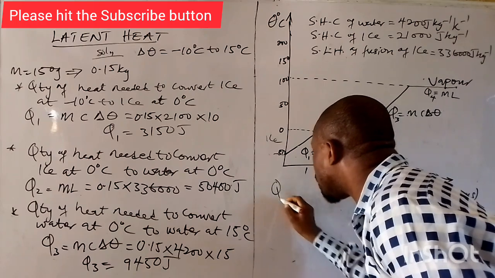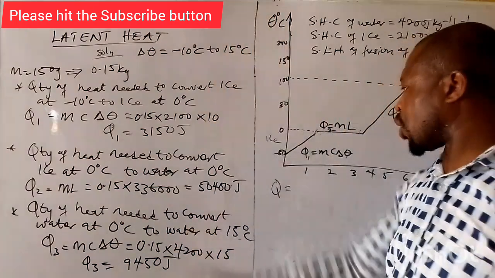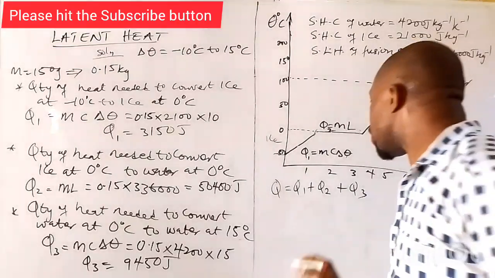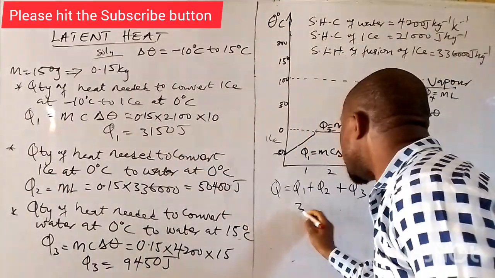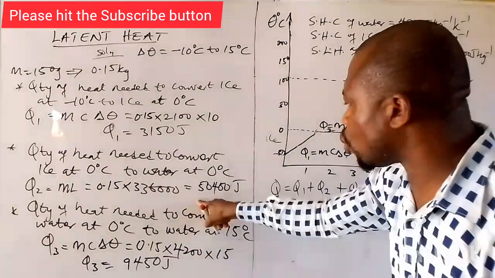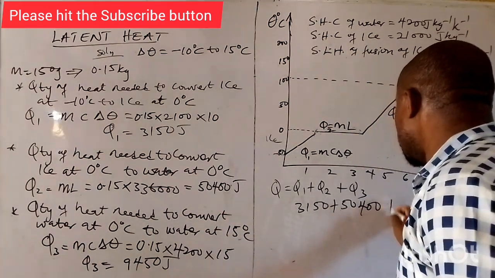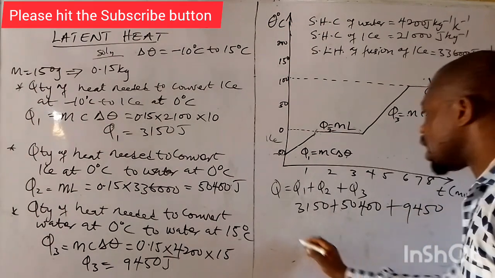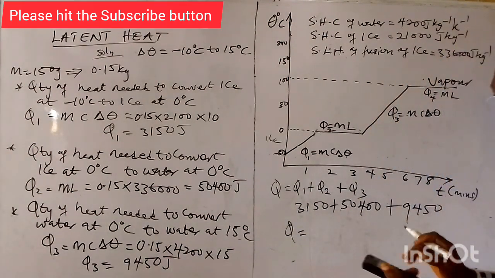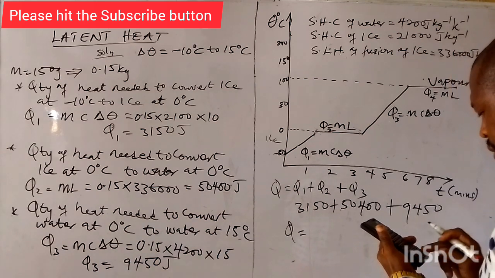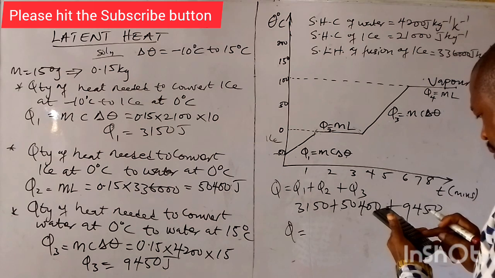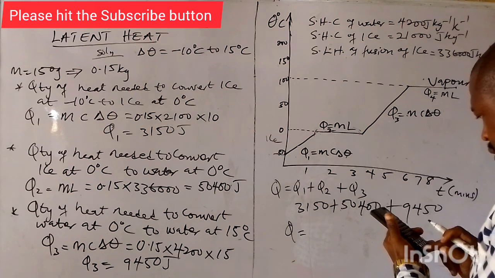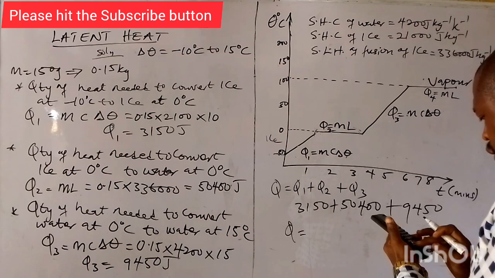Now, having gotten the heat at each level, we are going to sum up the heat. Therefore, we can say that the quantity of heat Q required in the process is Q equals Q1 plus Q2 plus Q3, which is 3,150 plus 50,400 plus 9,450.